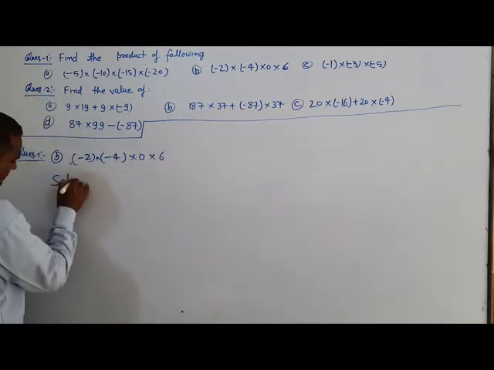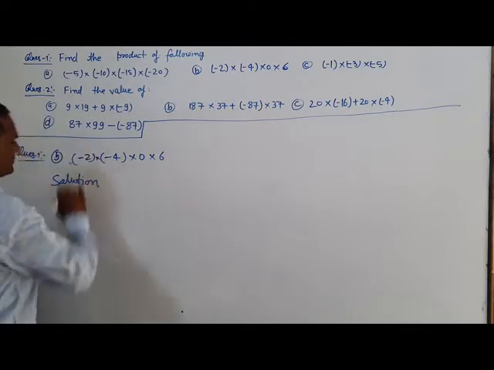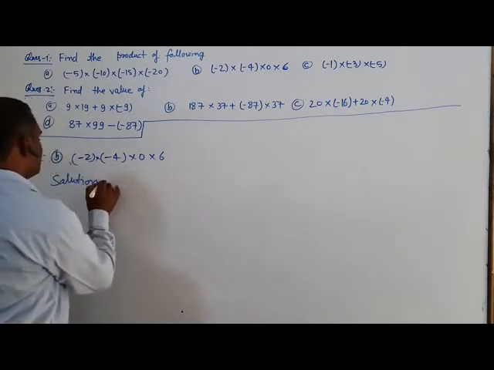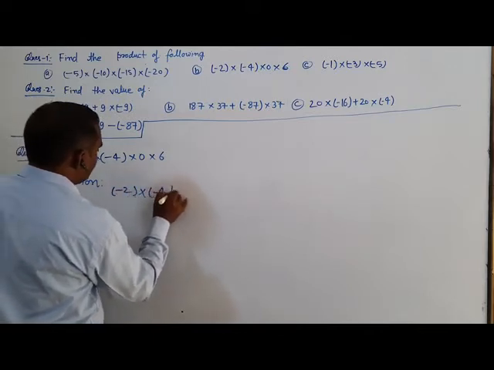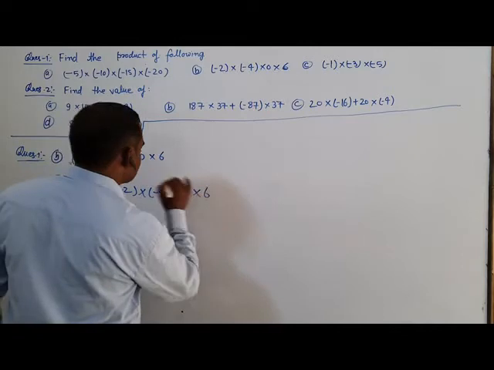Solution. Minus 2 into minus 4 into 0 into 6.